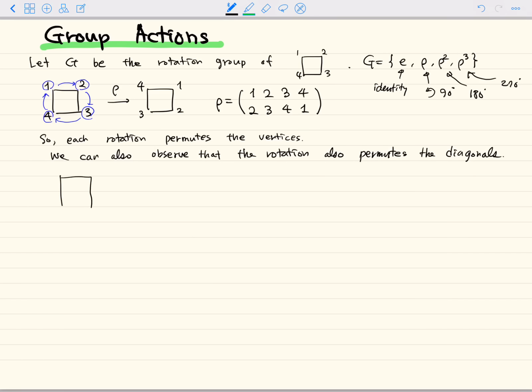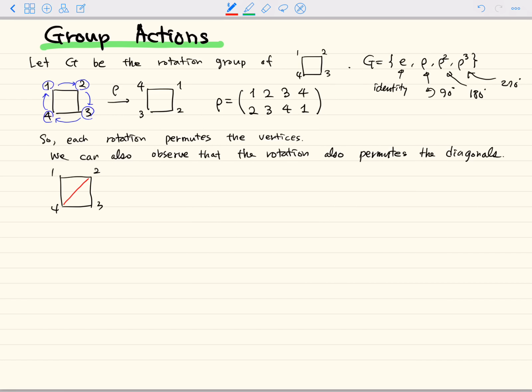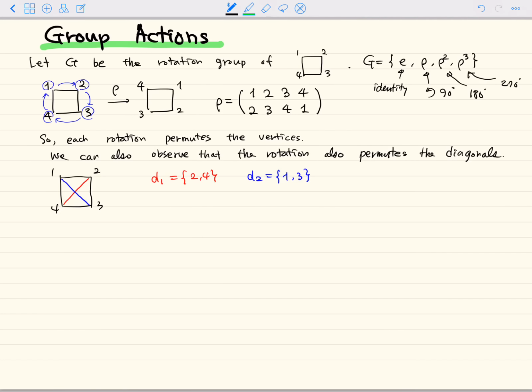Okay, so let's consider the diagonals. The labels are like this, and now we have 2 diagonals. Here, the diagonal D1 is the diagonal connecting 2 and 4, so let me write this as a set like this. And another diagonal is, say, D2, which is {1, 3}. So there are 2 diagonals here, and if we apply rho here, we will have a similar situation.